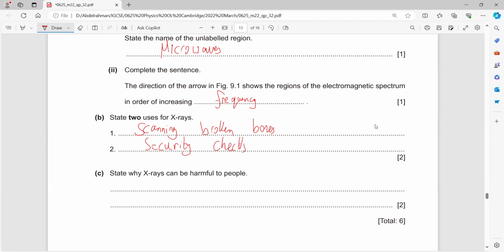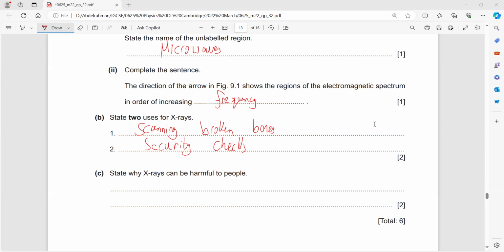Why can X-rays be harmful to people? Because they have high frequency. Okay, what does this high frequency do? It's the same as gamma rays.